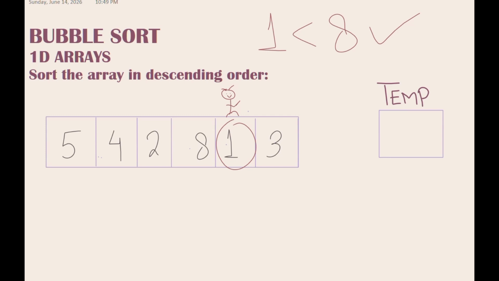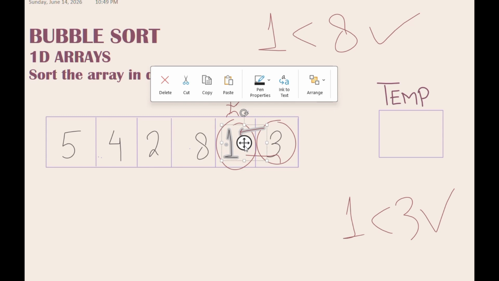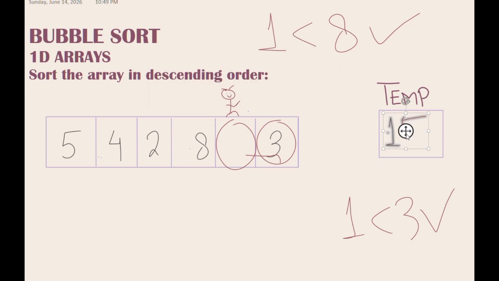And then when the space of 8 is empty, I'm going to take 1 back from the temporary box, and this way our swapping will be successful. Okay, now once the 8 and 1 are swapped successfully, I can move this man to the next index position and we can compare the next set of values.